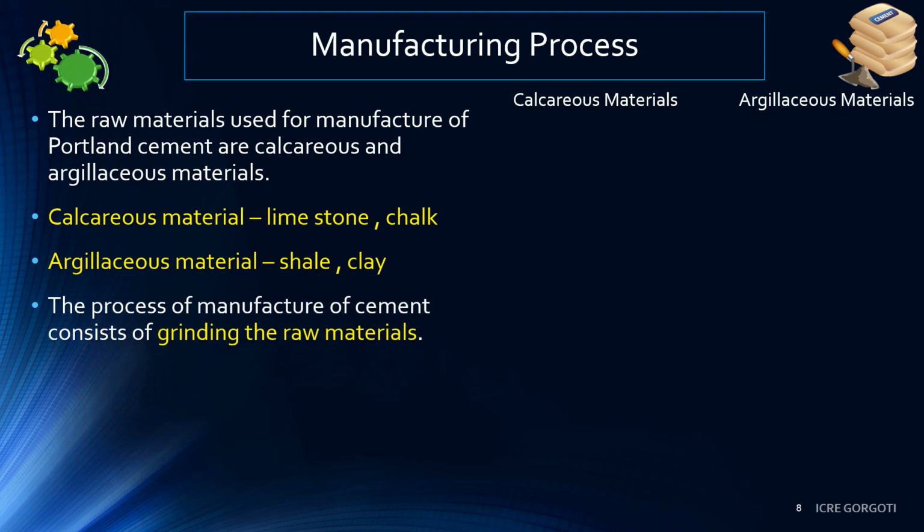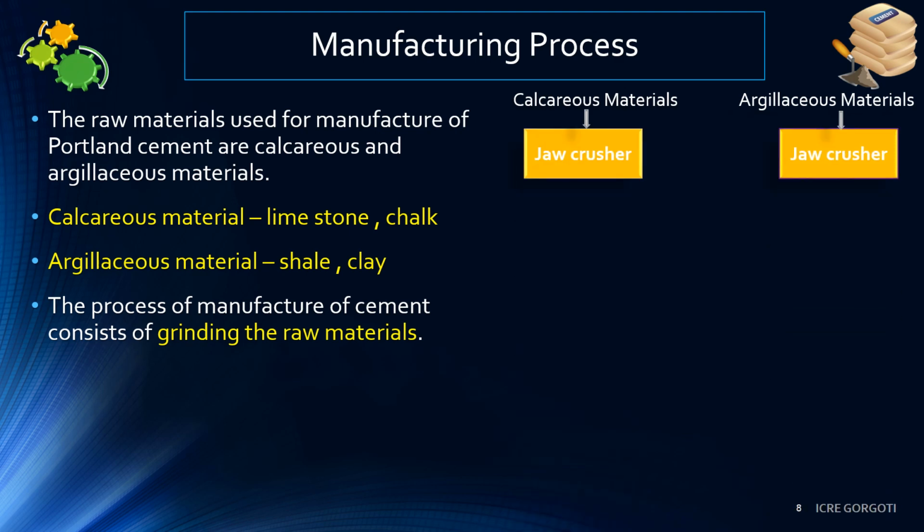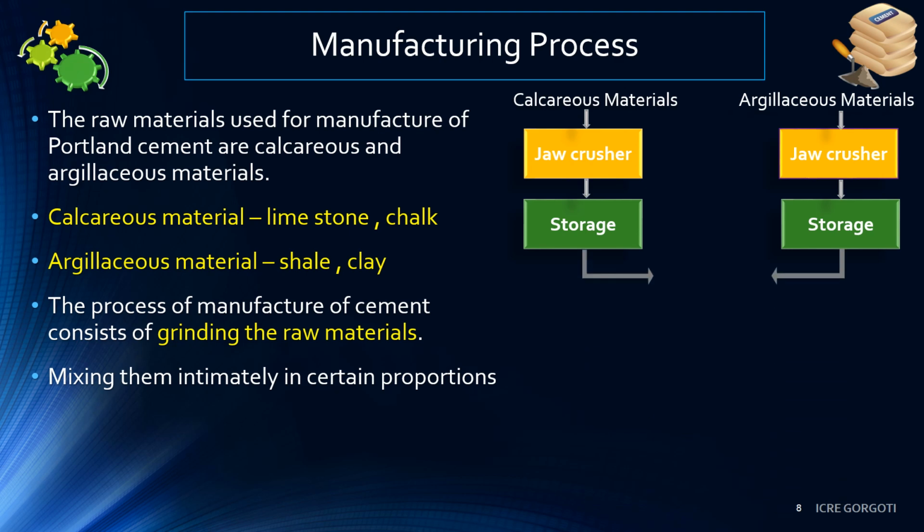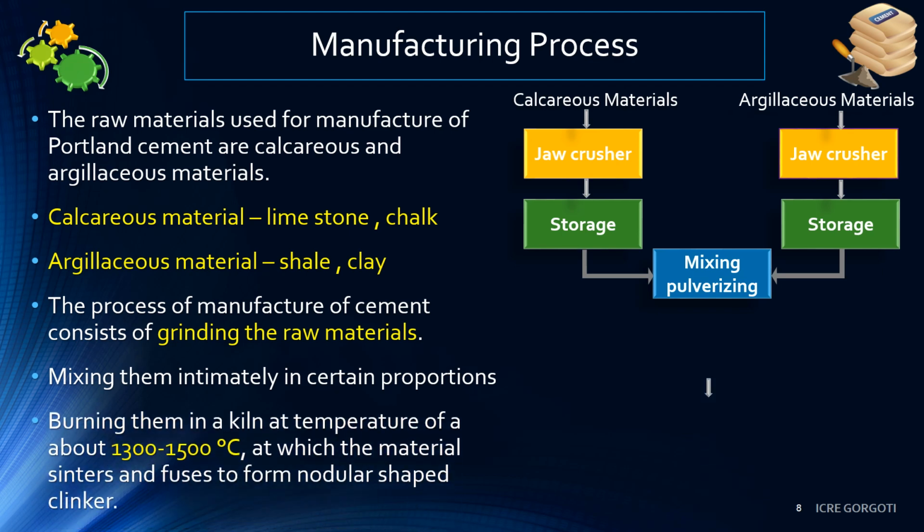The process of manufacture of cement consists of grinding the raw materials in a jaw crusher, then the crushed material is stored in storage bins. According to the type of cement, they are mixed intimately in certain proportions. After that, the material is sent to a rotary kiln.